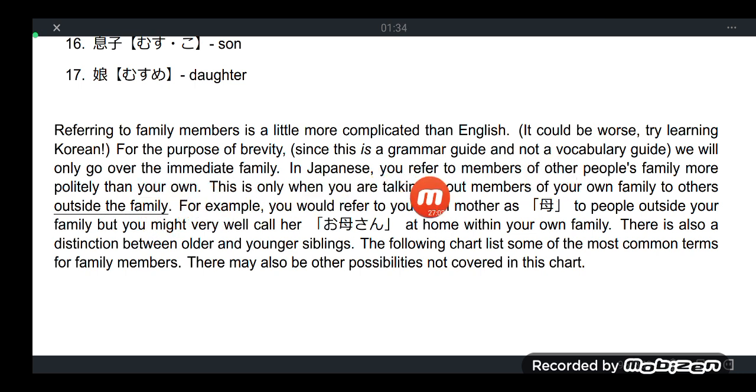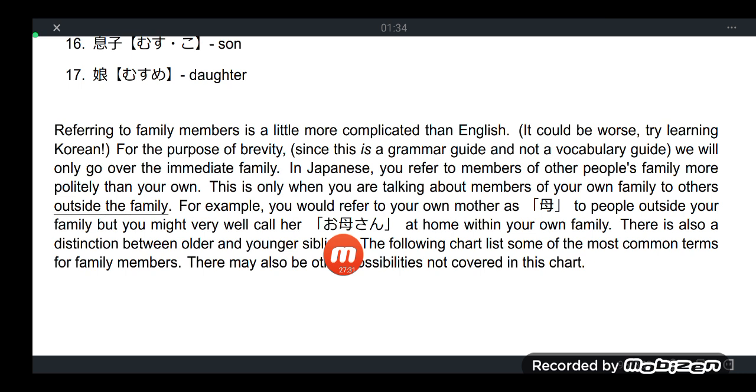In Japanese, you refer to members of other people's family more politely than your own. This is only when you are talking about members of your own family to others outside the family. For example, you would refer to your own mother as haha to people outside your family, but you might very well call her okasan.